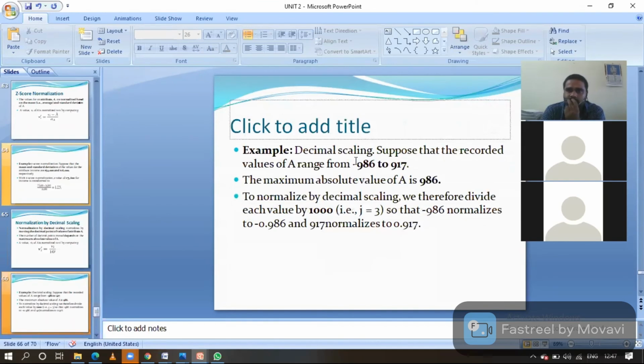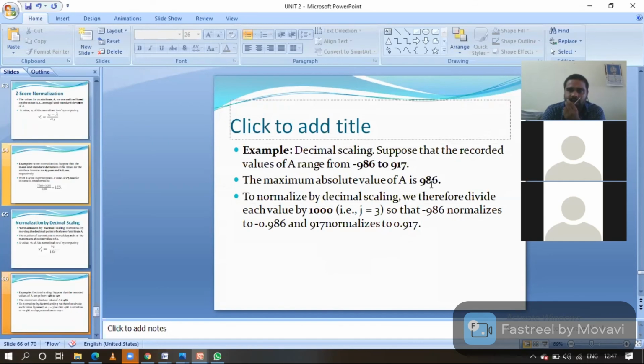Okay, here is the example, guys. In the decimal scaling normalization method we have to perform the scaling. The recorded values are from minus 986 to 917. Here the maximum absolute value is 986.